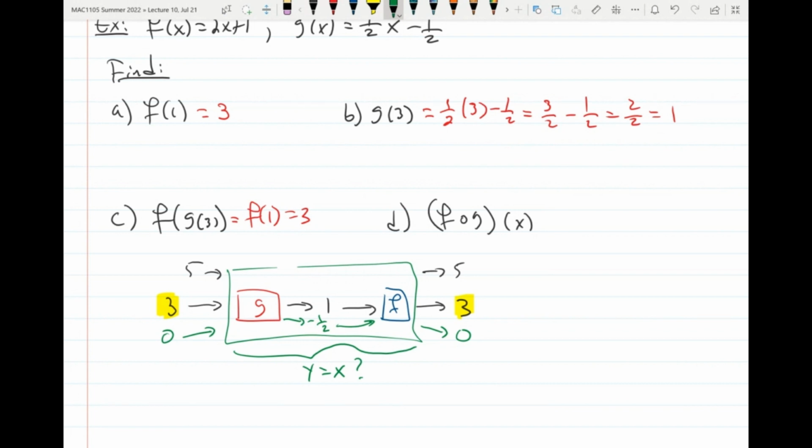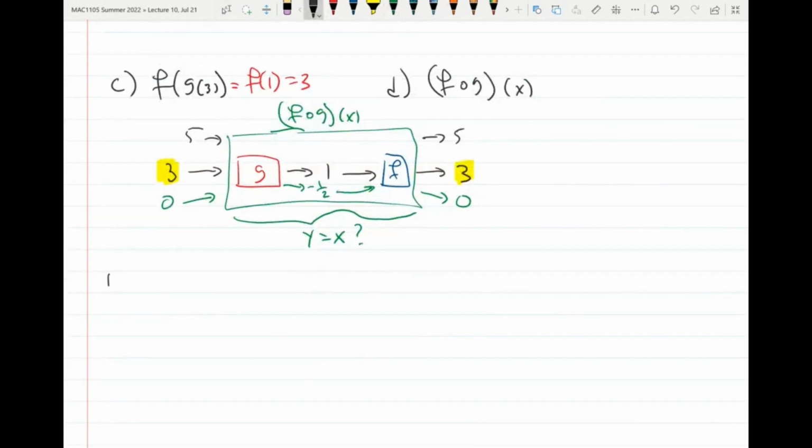Now, we have another name for this little box. That's the composition of f and g. So we know that this box is this function. Now, it looks like when you do this composition, we are actually getting the identity function. So let's see. That's part D. Let's compute it. So we want to do f of g of x.